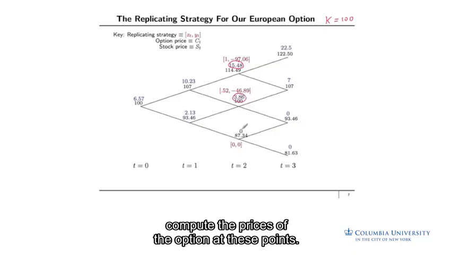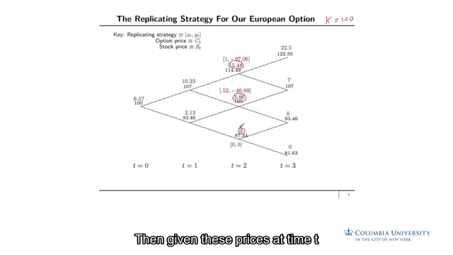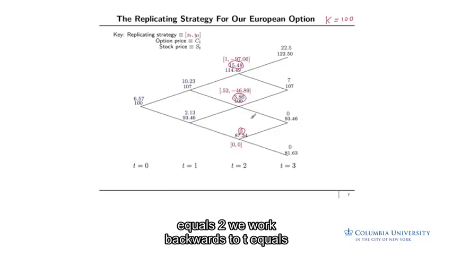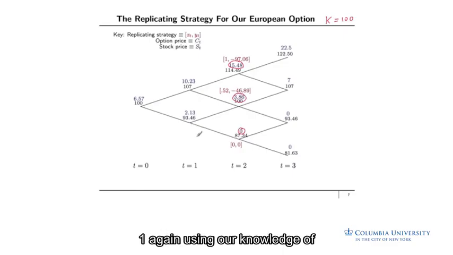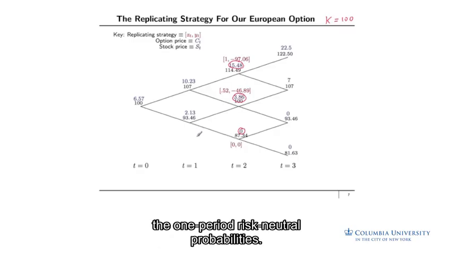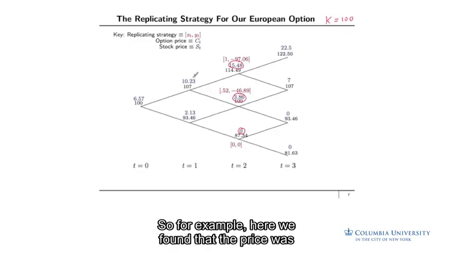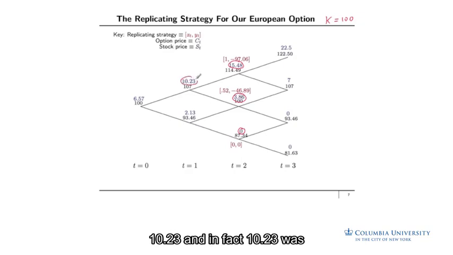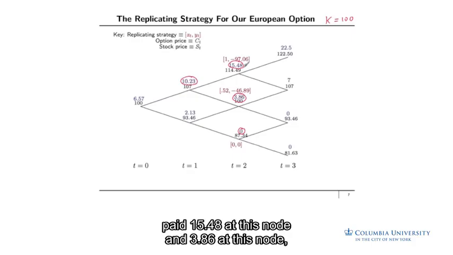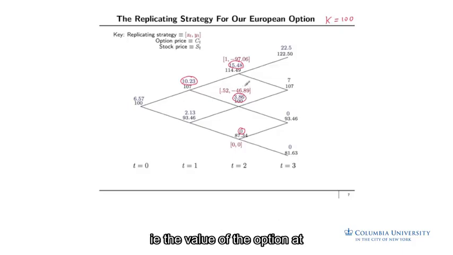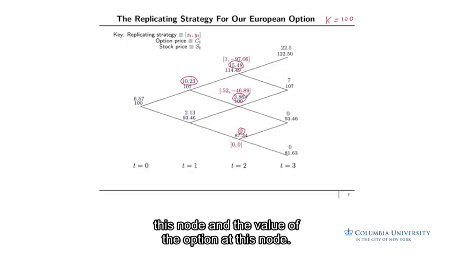Okay, and then given these prices at time t equals 2, we work backwards to t equals 1 to compute the price of the option at t equals 1, again using our knowledge of one-period binomial models and the one-period risk-neutral probabilities. So for example, here we found that the price was 10.23, and in fact 10.23 was calculated as the price of a derivative security that paid 15.48 at this node and 3.86 at this node, i.e. the value of the option at this node and the value of the option at this node.